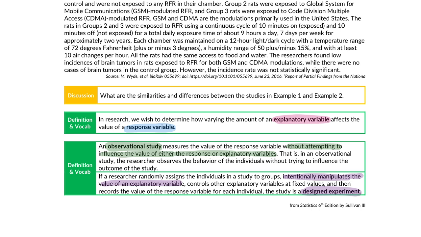You'll see an observational study where we're just viewing what is happening, and a designed experiment when we are influencing on purpose what is happening, intentionally manipulating the value of the explanatory variable and controlling as many other things as possible.